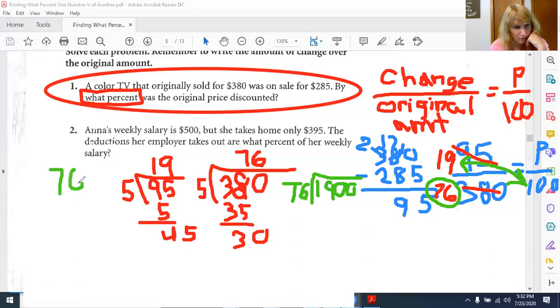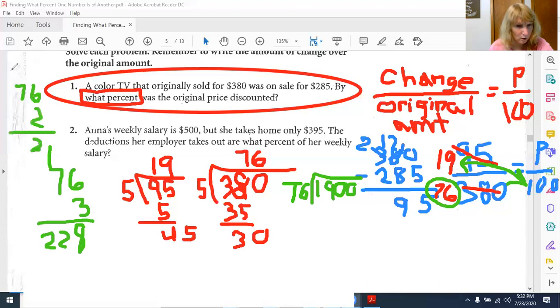Let's try 5. Nope, that's going to be too big. Let's try 3. 3 times 6 is 18. Carry the 1. 21 plus 1 is 22. That's too high. Let's try 76 times 2. 152. That'll work. So 2 times.